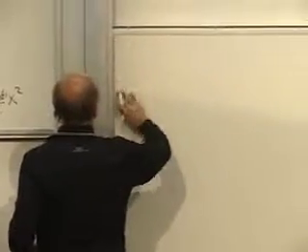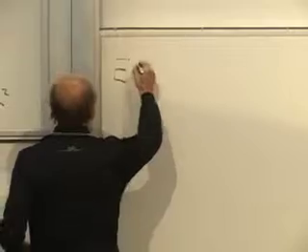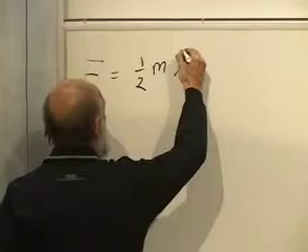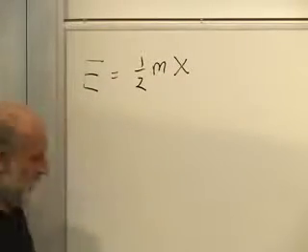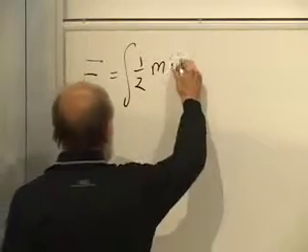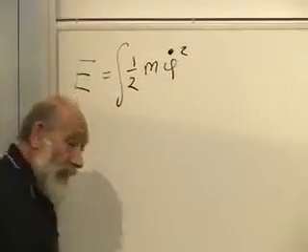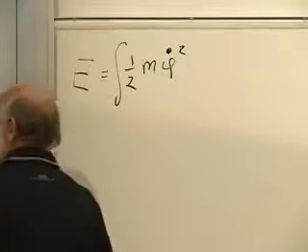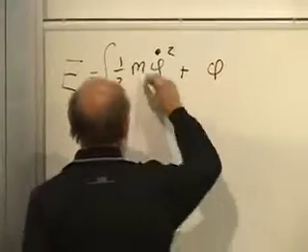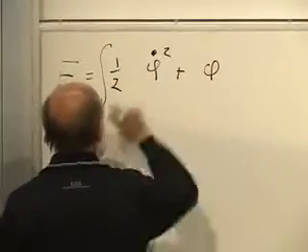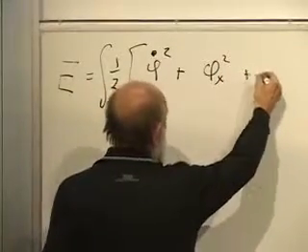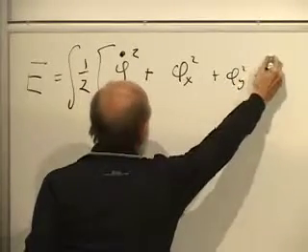What is the energy? The total energy is then 1/2 the integral over space of phi dot squared, kinetic energy, plus potential energy, and that means plus phi sub x squared, and if you like, plus phi y squared, and so on.